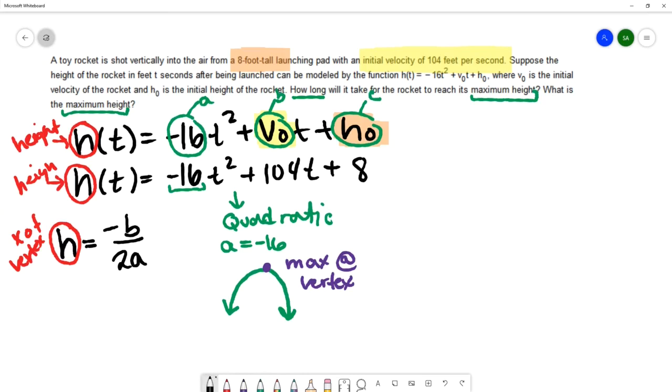So we're going to be able to find that vertex by doing negative 104 over 2 times c. Excuse me, I made a mistake there. That should be 2 times a, not 2 times c. So a is negative 16.